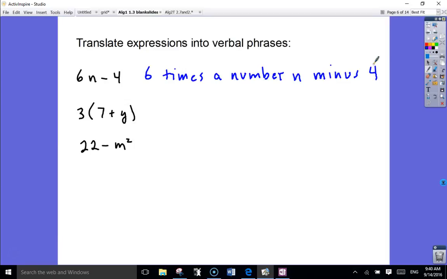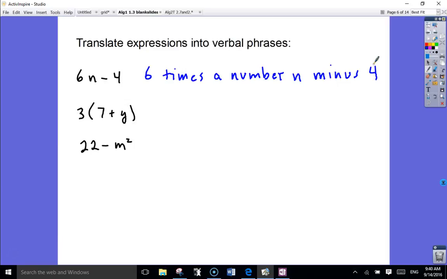3 times the quantity 7 plus y. Probably the first thing you're going to say is it's a product, right? It's a multiply. What is going on in between the 3 and the parentheses? Multiply. So you could say the product of 3 and the sum of 7 and y, something like that.